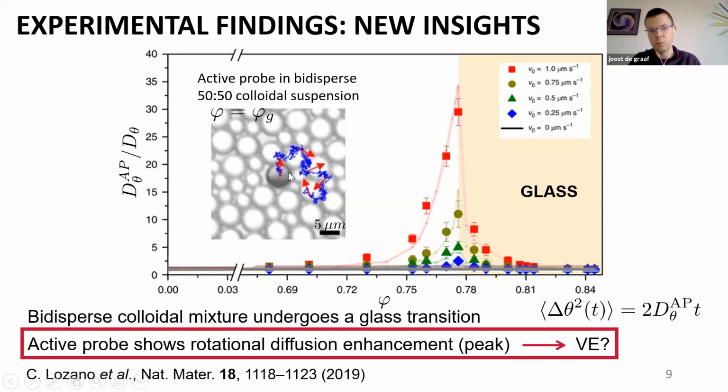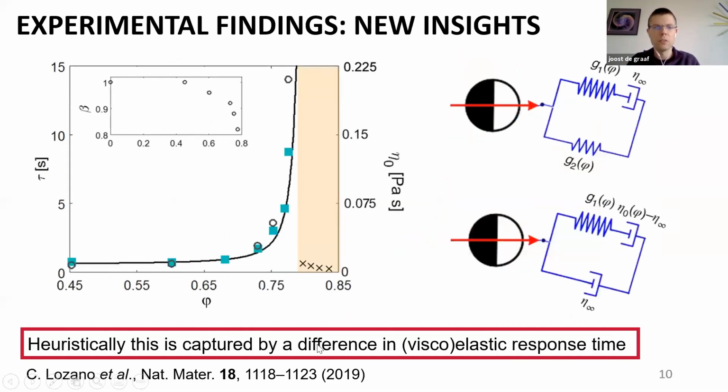And if you put a probe in there, you also see this enhancement. It's a little less, but the probe is also, compared to the glass beads, considerably bigger than the probe would be compared to a polymer. And the solid lines here are a theoretical prediction based on this heuristic modeling. So again, at the glass transition, it spikes, and that is also where one would expect the viscoelasticity to be greatest.